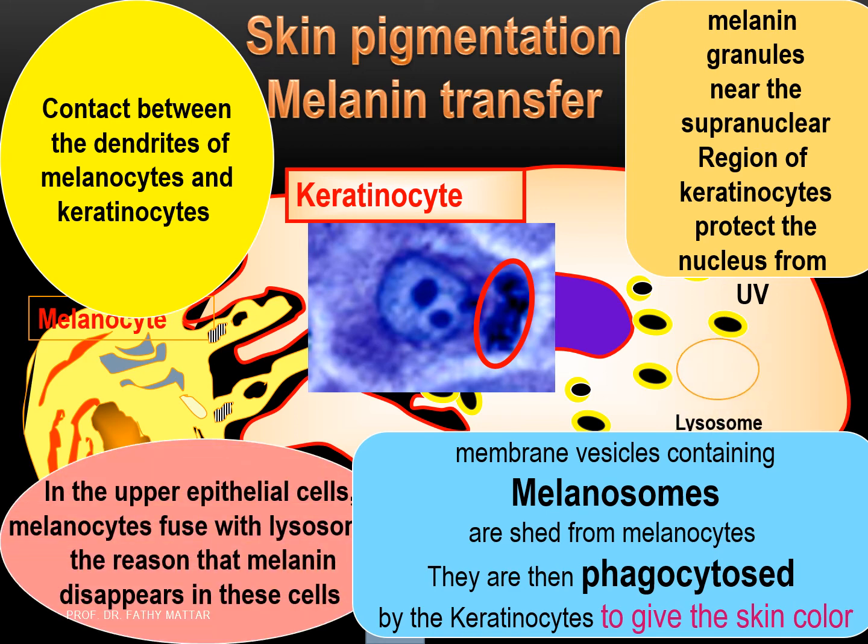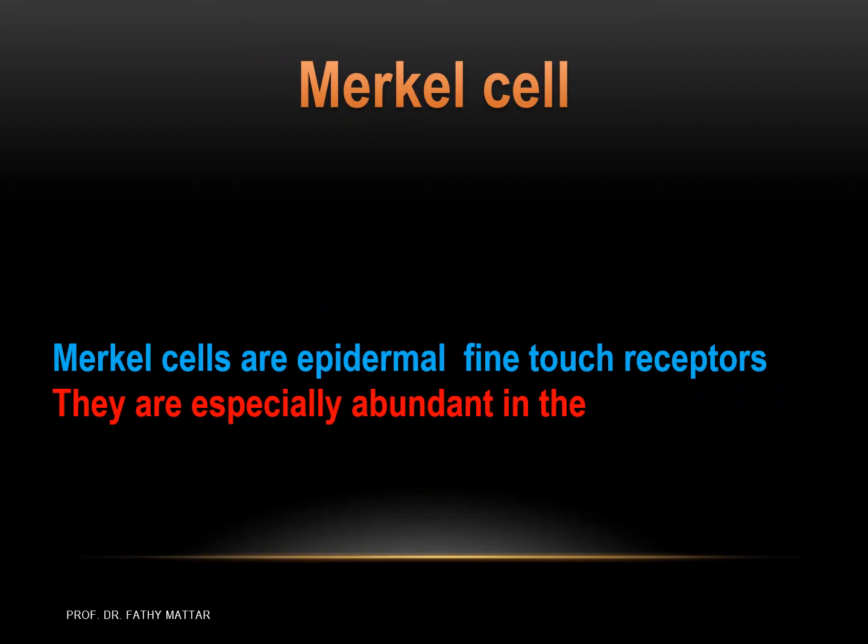At the upper part, in the granulocytes, the lysosomal enzymes digest the melanosomes, and that's why the peeled corneocytes from the surface do not have a color, because the lysosomes digested the melanosomes.